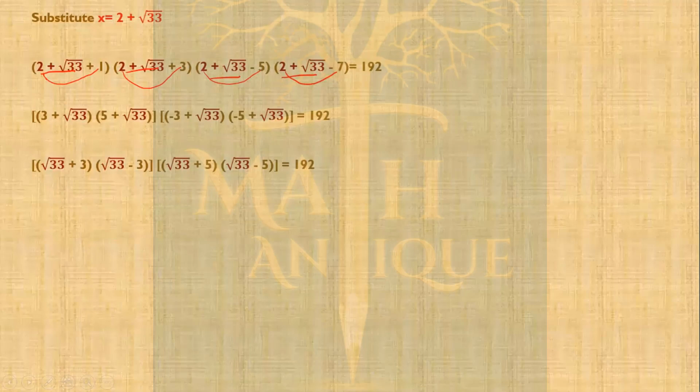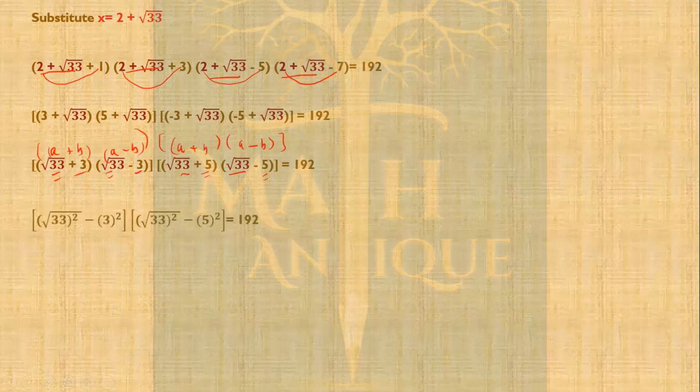Similarly, under root 33 plus 5, under root 33 minus 5 will again make the formula a plus b, a minus b. So we will use the formula: this is a, this is b. a plus b into a minus b is equal to a square minus b square, correct?